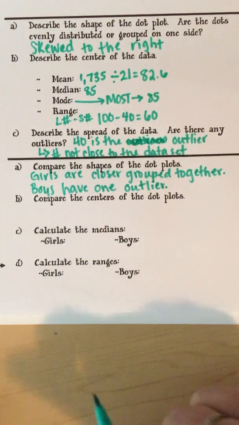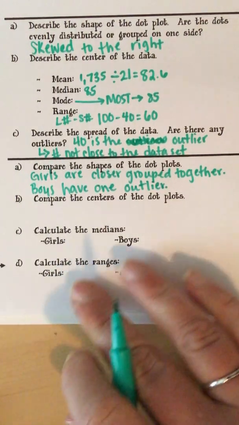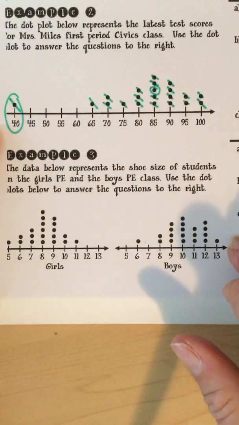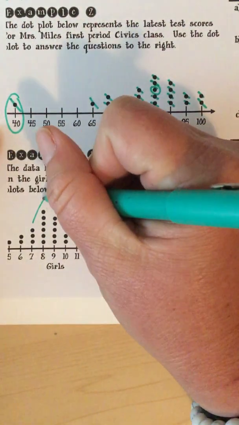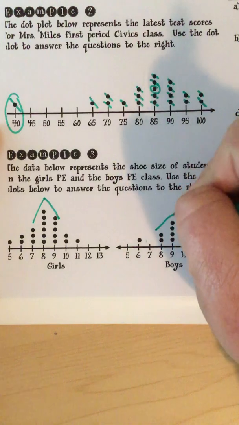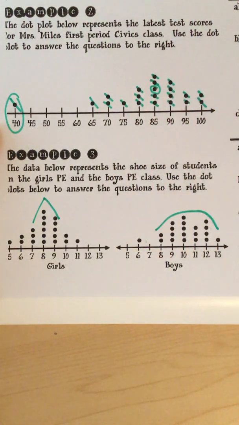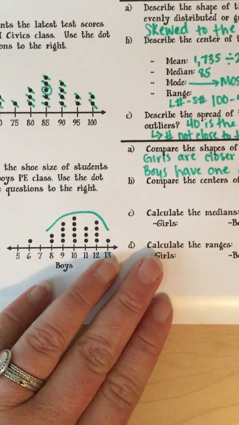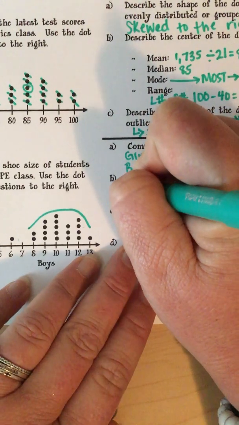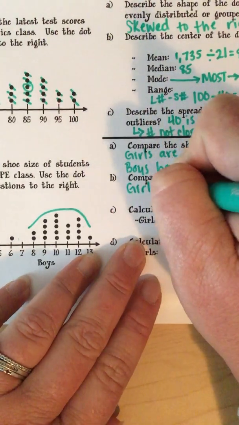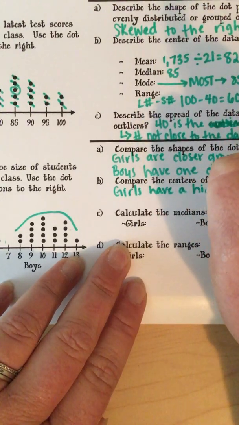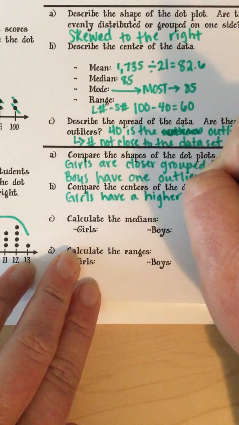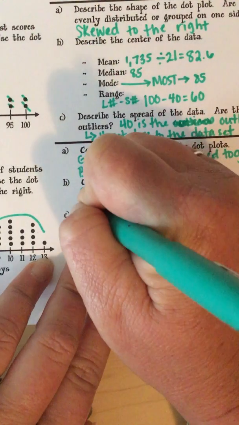All right, B says compare the centers of the dot plot. So what do you notice about the two centers of the dot plot? This one goes much higher in a peak. This is more of a curve. All right, so again, many things you could say, but girls have a higher peak.